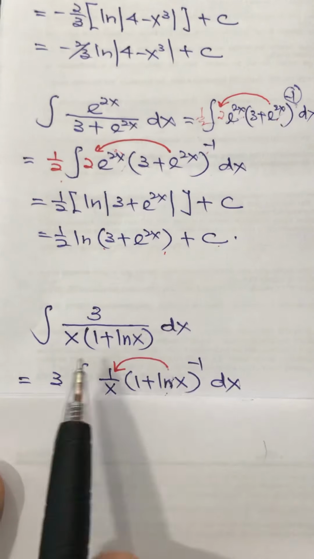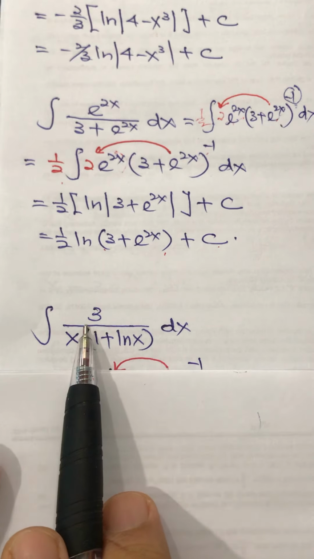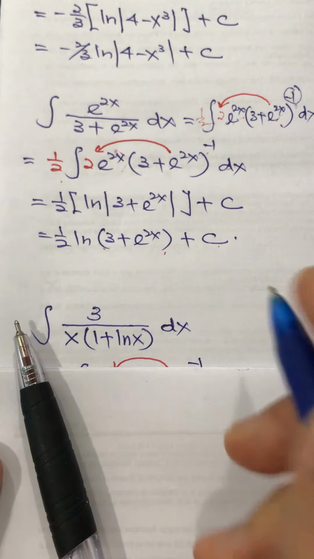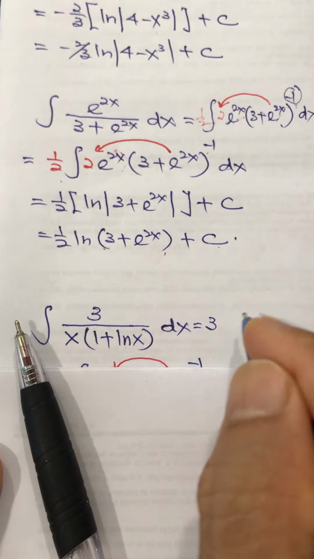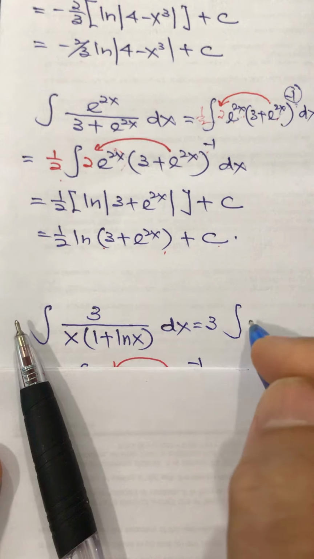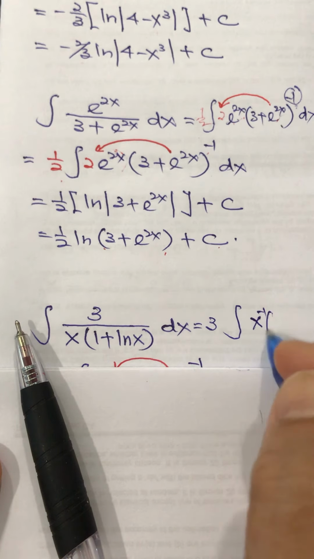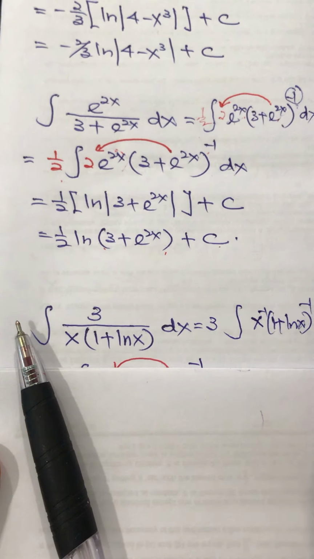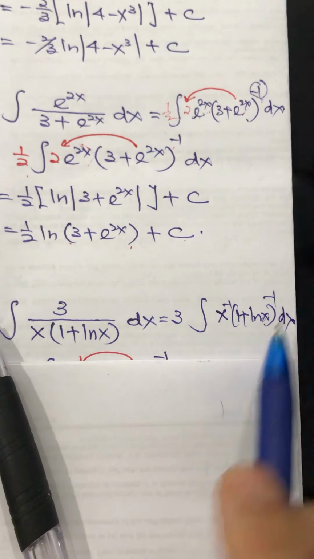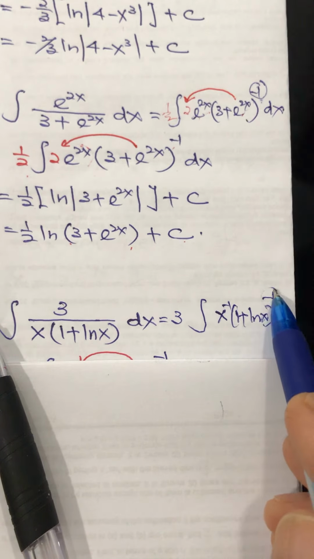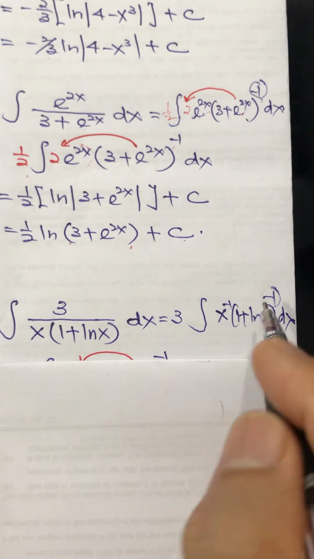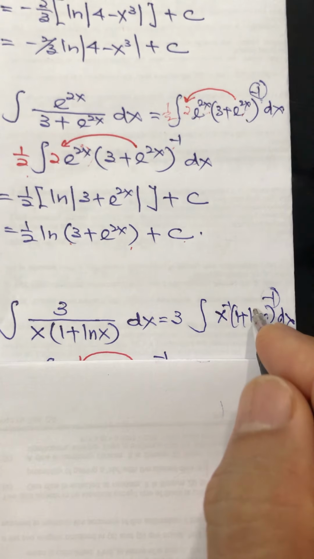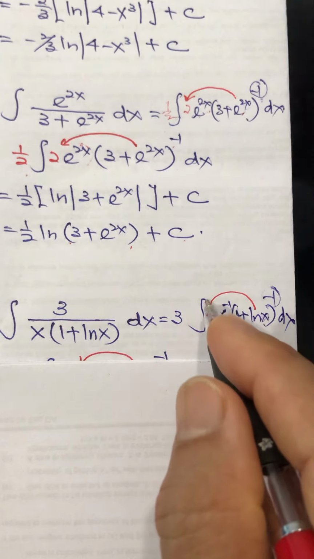Okay, and then here you want to integrate this. The 3, you take it out. Always take out the constant, you don't leave it there. Then x to the power negative 1, (1 plus ln x) to the power negative 1, dx. So you see here, the negative 1, I can change it into ln, ln of the whole bracket. But for the bracket, you must differentiate it.